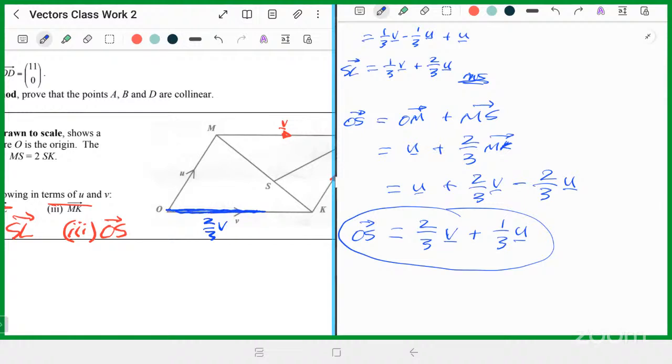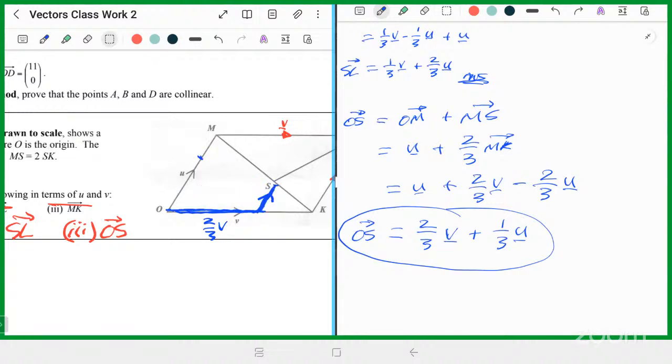Then from here now, I need a 1/3 U. So this is a whole U. I don't want a whole U, I want 1/3. I divide it into 3 equal parts again. So 1/3 is about this. So what I need to do now is move this across over to this end, and voila.